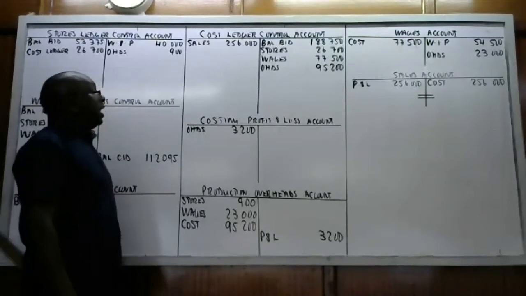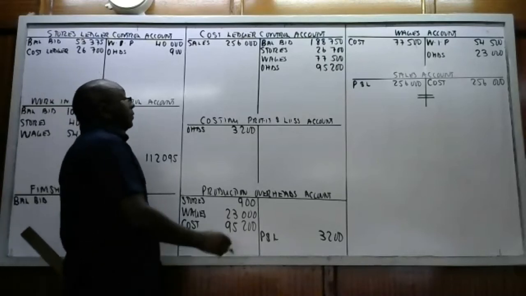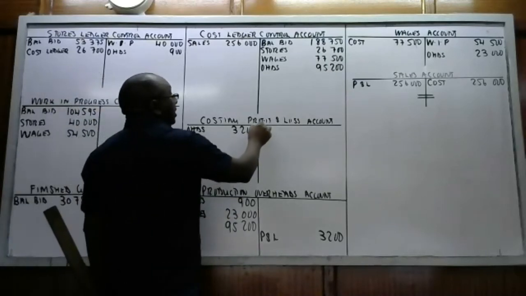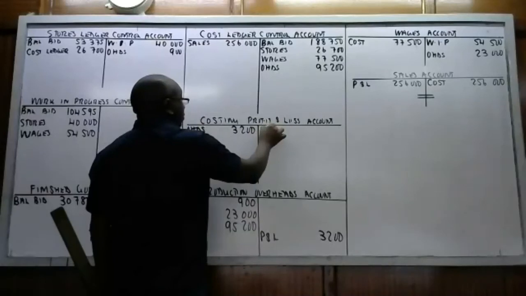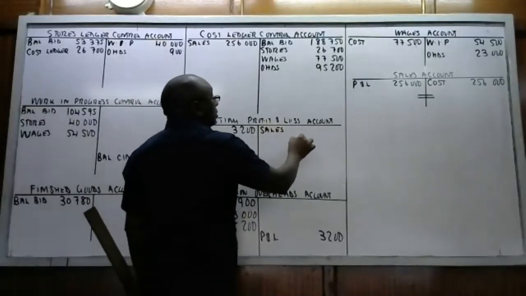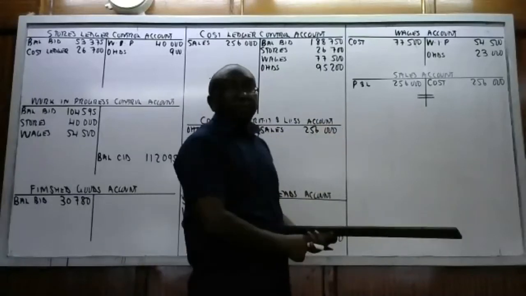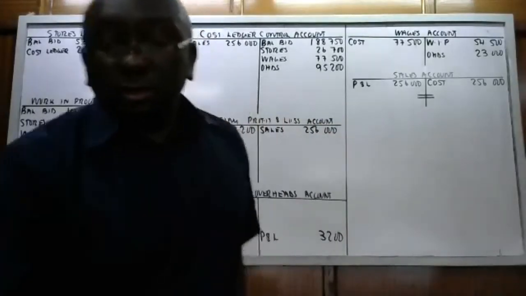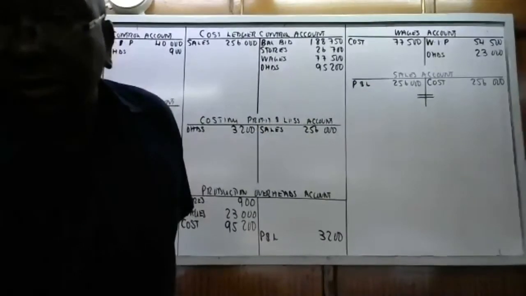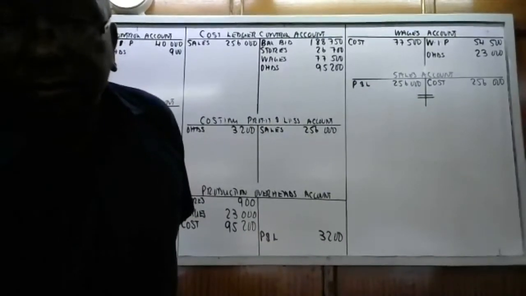Then we go to P&L. We credit it because of sales, 256,000.